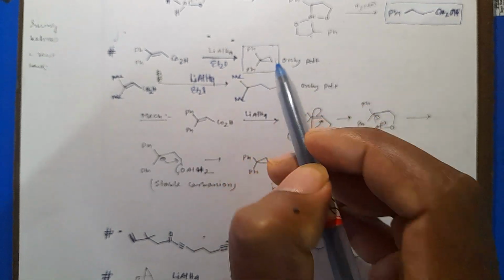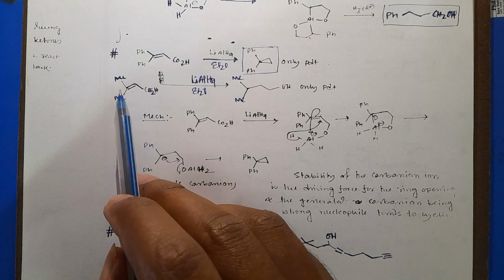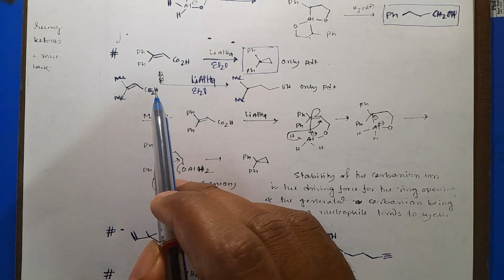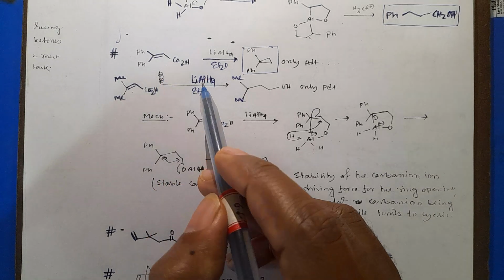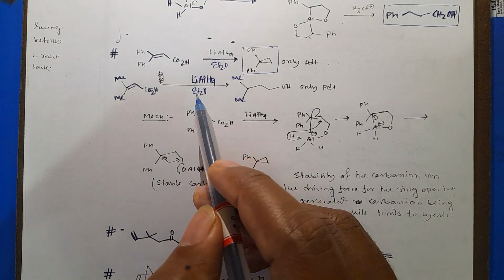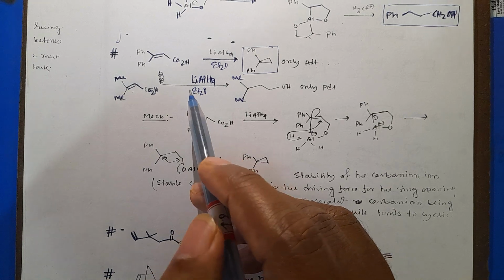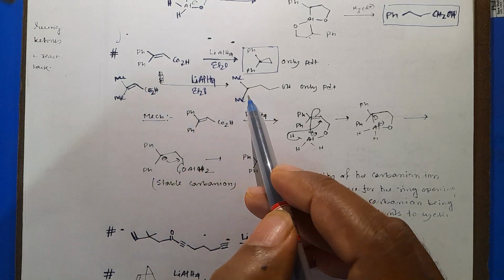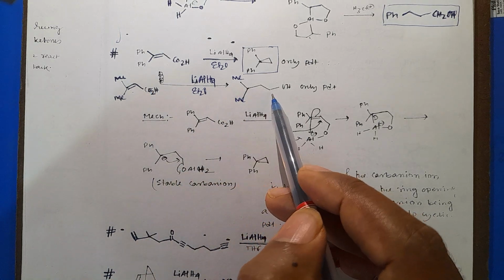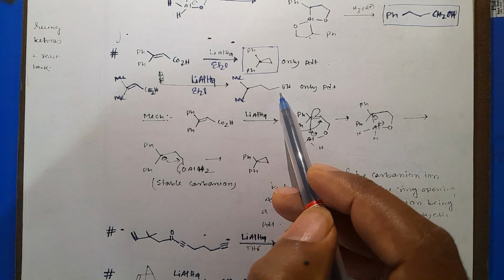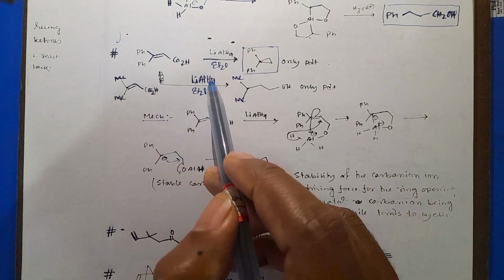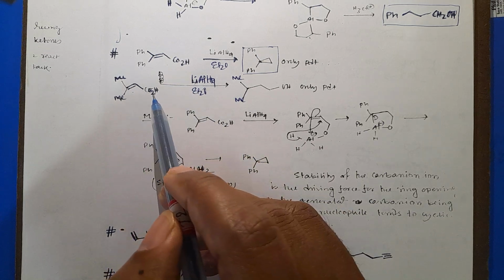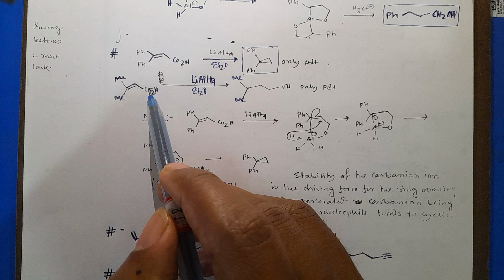On the other hand, if you take this dimethyl alpha beta unsaturated acid and perform the reaction with lithium aluminum hydride in diethyl ether, then it will selectively reduce this acid group, and as a result it provides this kind of alcohol product. Here lithium aluminum hydride also reduces both the double bond along with the acid group.